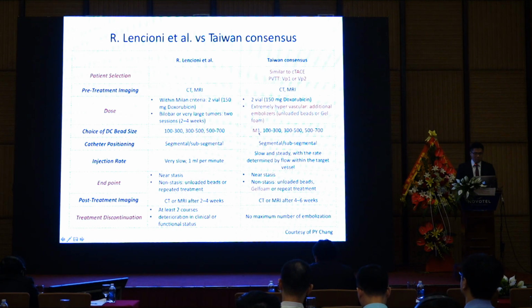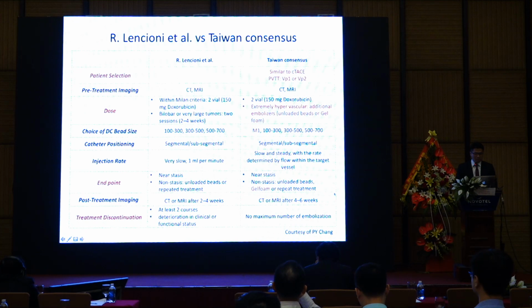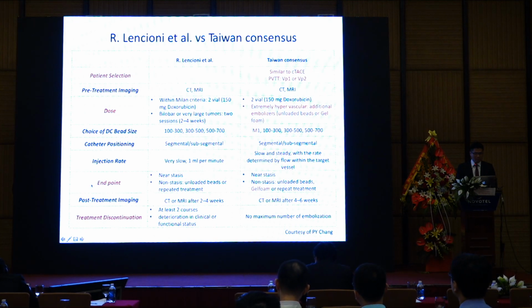We also suggest that for a smaller size tumor, you can use smaller beads. And if the endpoint cannot be reached, such as near stasis, you can use gelfoam to embolize to reach your endpoint.